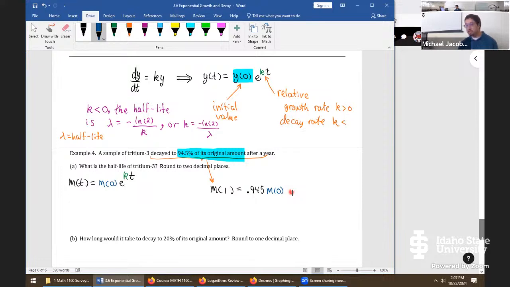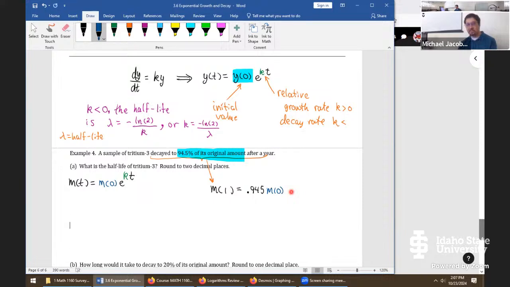Okay, well, with what we're about to do on the next steps, get a little bit of space first, and start off on the left-hand side. If it says mass at 1, that means mass after 1 year, and the 1 year goes into the position of time. So on this entire left-hand side, we read out this equation to the left, but we're just plugging 1 in where t is.